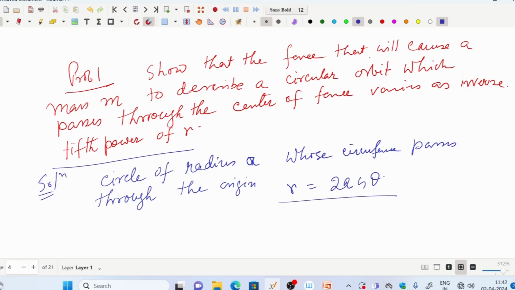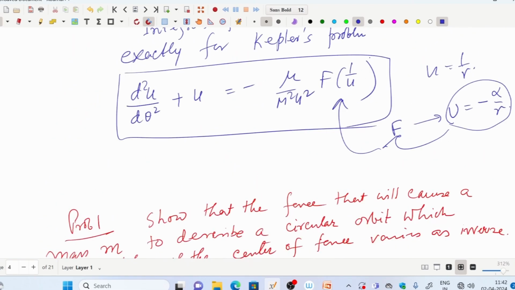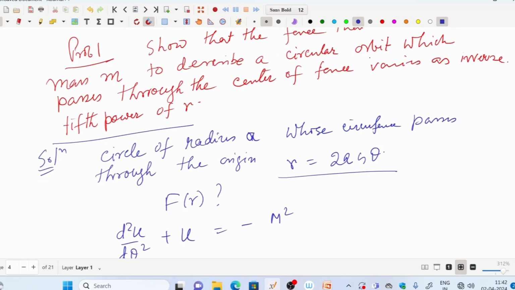Then you have to find what will be the F of r in the central force problem. So, you have to use the orbit equation, d2u d theta square plus u equal to minus mu by m square u square f of u.